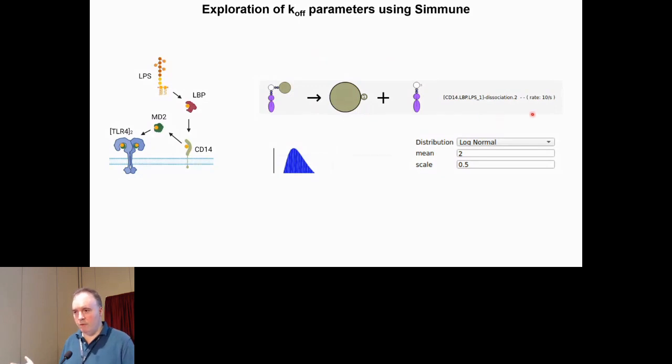And I don't have any data for this, unfortunately, so I just put in 10 per second as a very rough guess. I can just do that simulation, or I can tell Simune to sample K-off values from a distribution exploring the space around this value. And we can use a number of different distributions like a log normal or uniform or Gaussian.